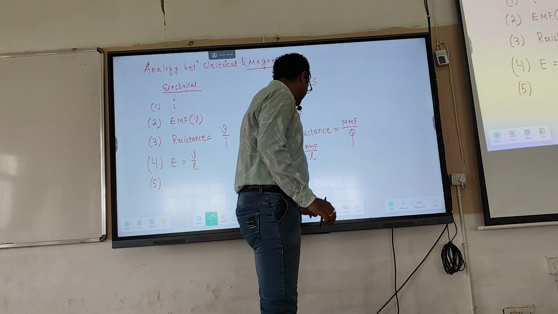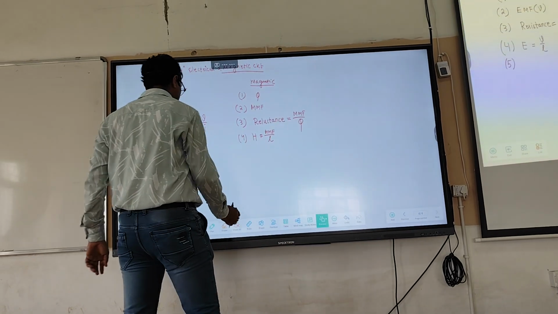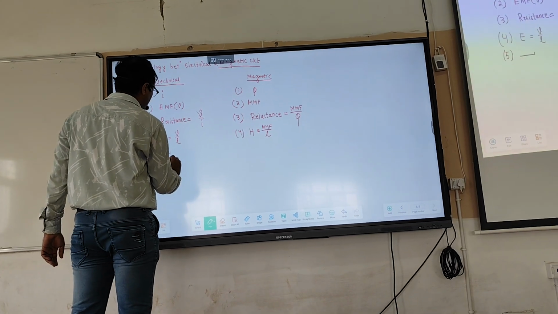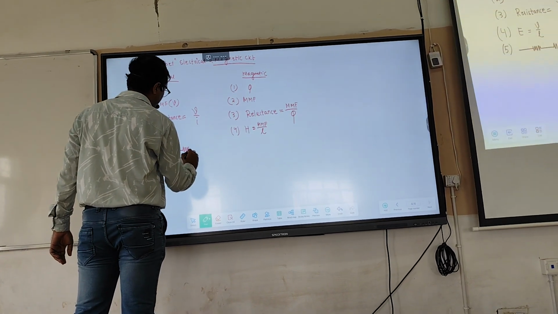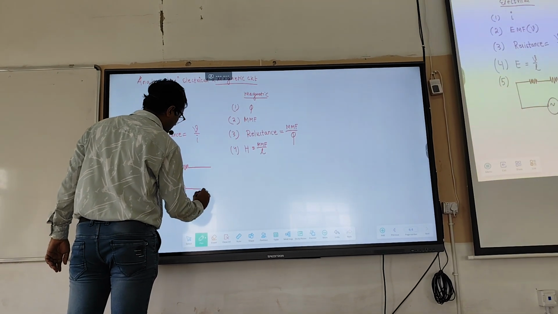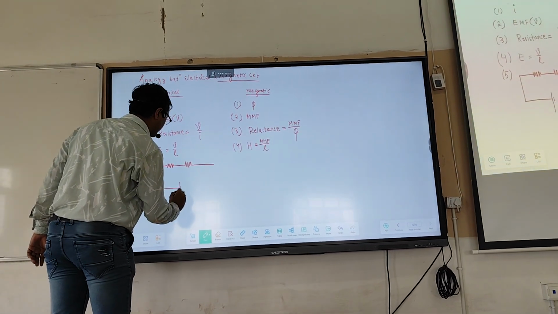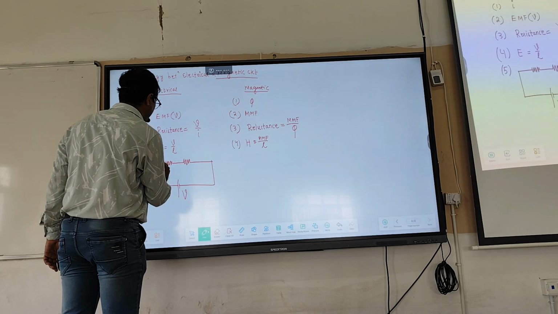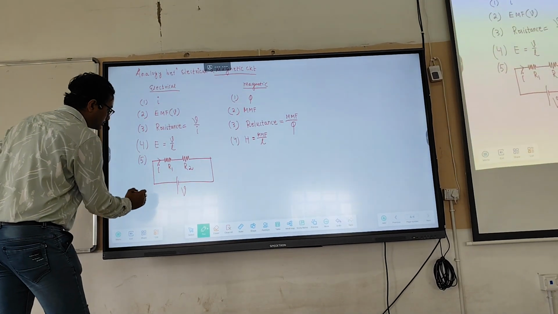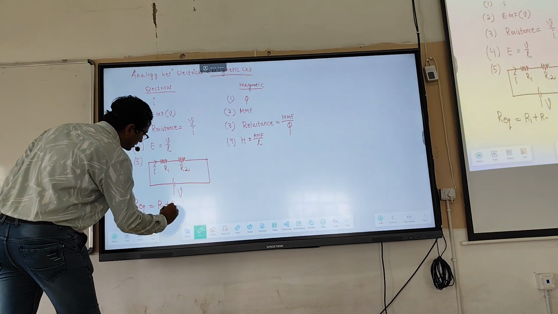Next, for example, let us take a series DC circuit. This is E, current is I, with R1 and R2. So what is R equivalent? R equivalent is equal to R1 plus R2.